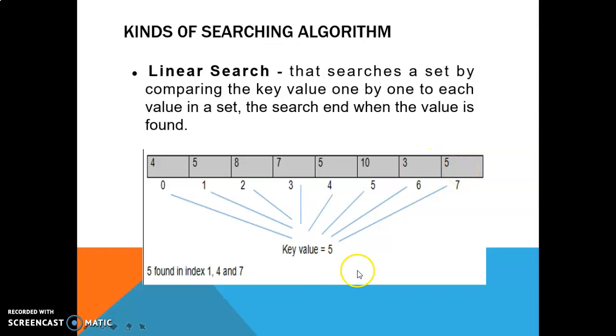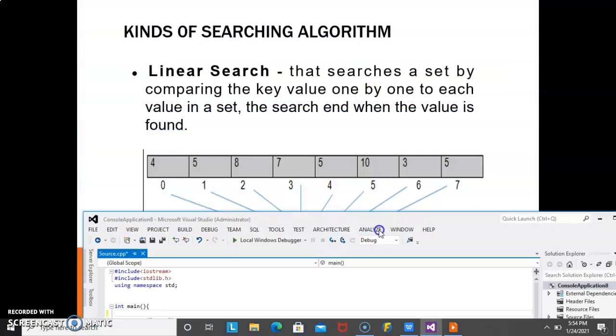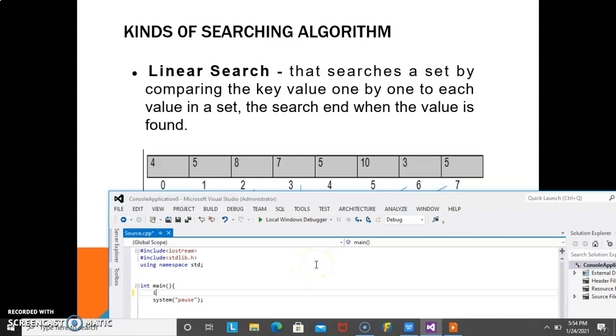Okay? So, ang next natin class is we're going to create a C++ program wherein magkakreate tayo ng linear search. Okay? So, in this case class, since meron tayong series of number, ang gagawin natin ay magde-declare tayo dito ng array. So, gagamitin ko yung variable items. Okay?